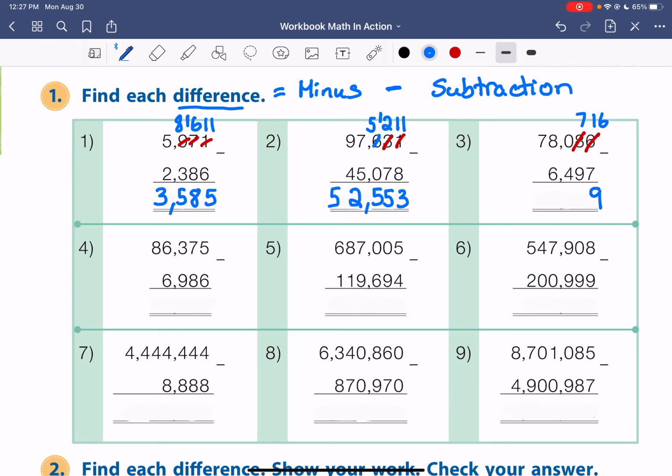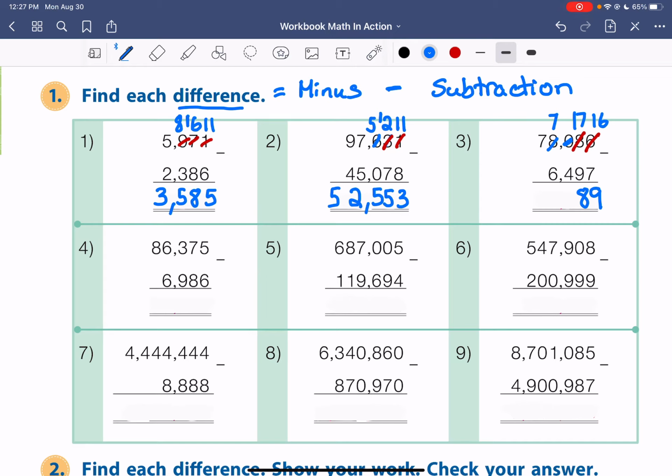7 minus 9, it's not possible, right? So we can't borrow from the 0. We're going to borrow from here. This is going to turn into a 7. This is going to turn into 17. 17 minus 9, we get 8. 0 minus 4, we also have to borrow here, right?